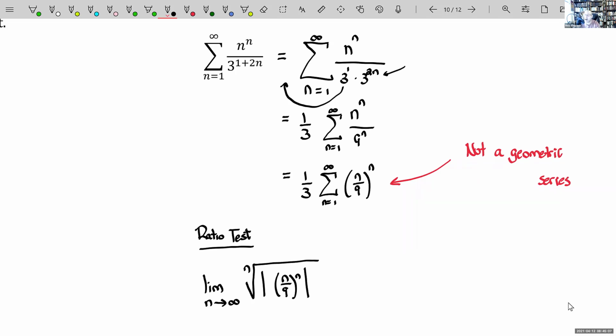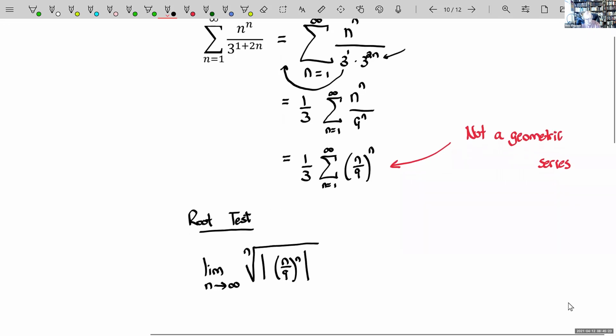The 1/3 is not going to hurt convergence or divergence. So don't worry about the 1/3 hanging out front.